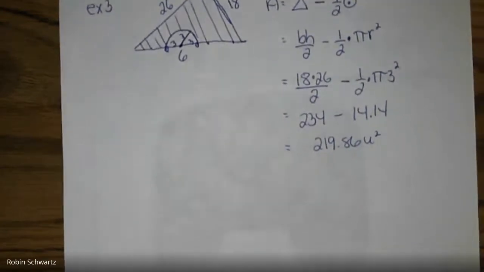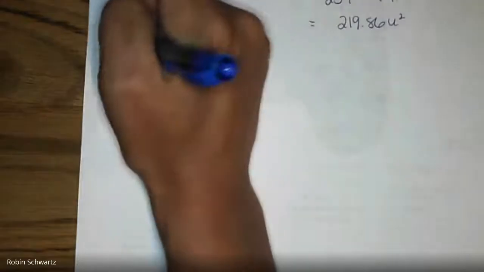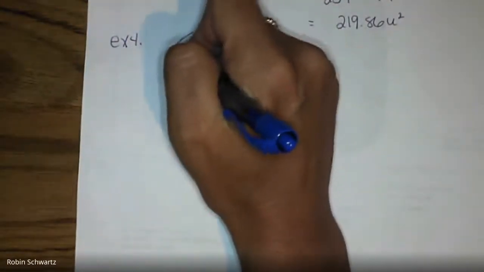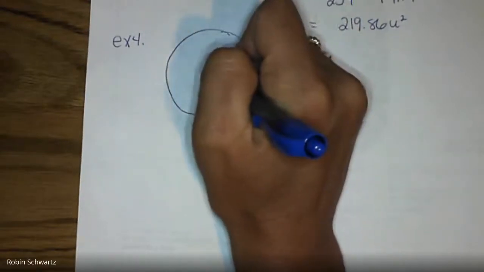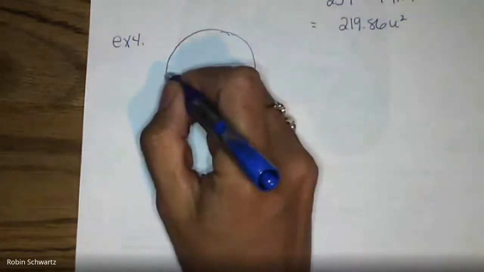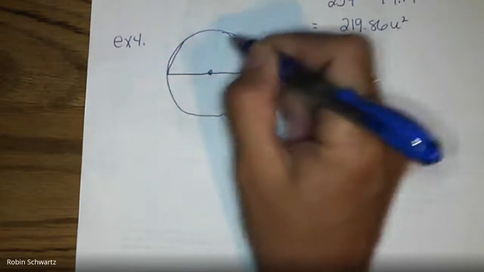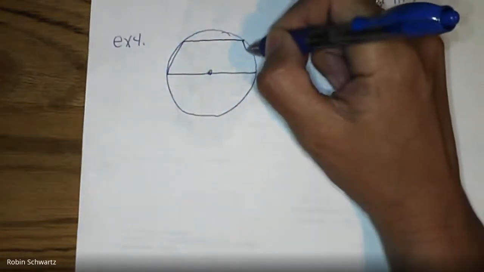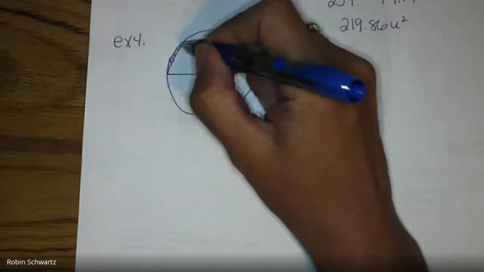We're going to keep going, practice some more. Number 4. We are going to go with this. Here's my center. And this, and our goal is to find the area outside of that shape.